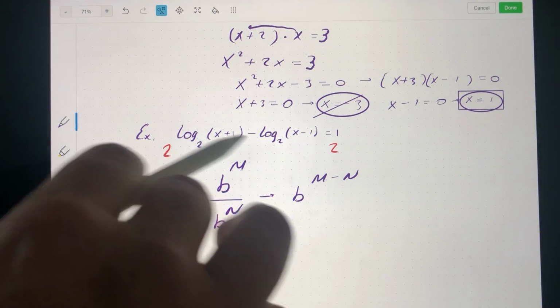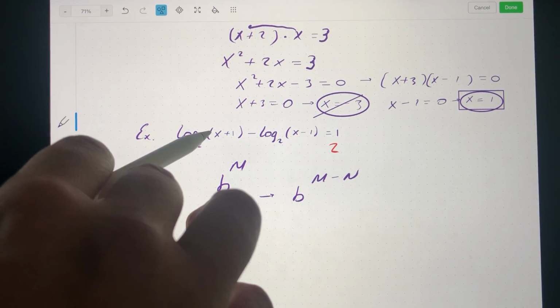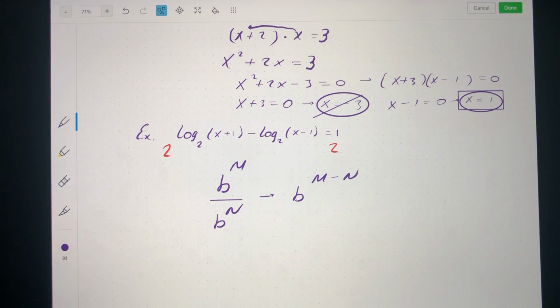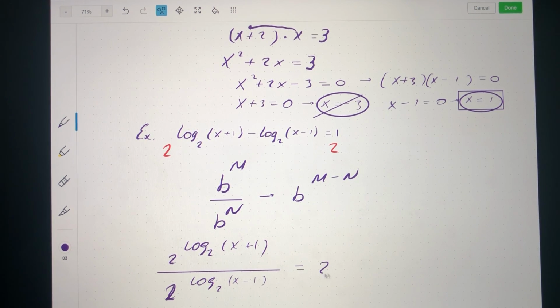But in this case, we are already subtracting exponents. What we can do is split it up as two things divided. And that makes 2 to the log base 2 of x plus 1, divided by 2 to the log base 2 of x minus 1, is 2 to the 1, which is 2.